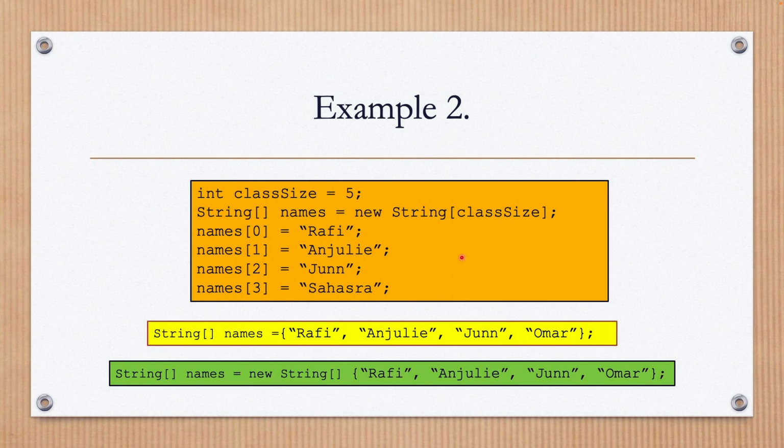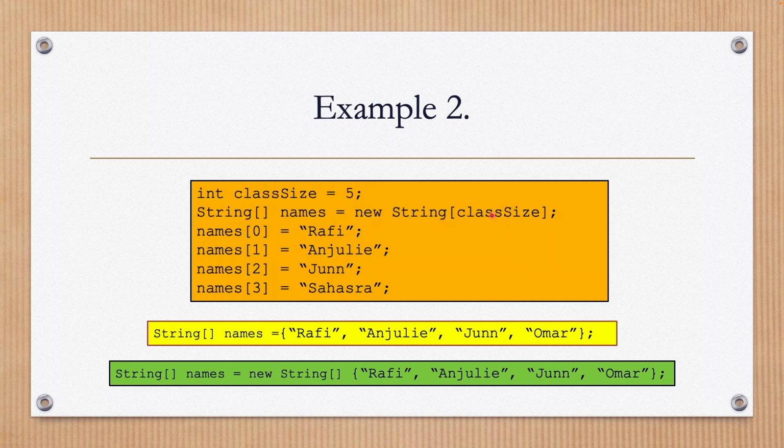All right, so let's take a look at another example here. Here I'm using a string array. Notice how I put the string data type and then square brackets afterwards. This time around, instead of putting the number directly, I am using a variable to represent the size of the array, and the size of the array is 5.